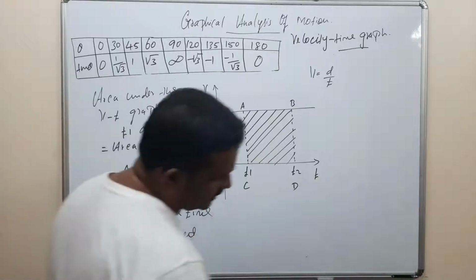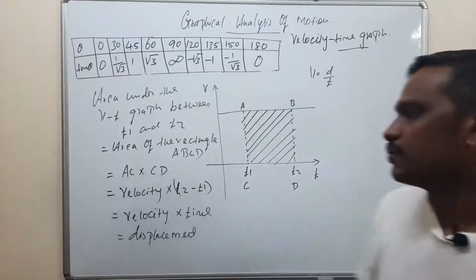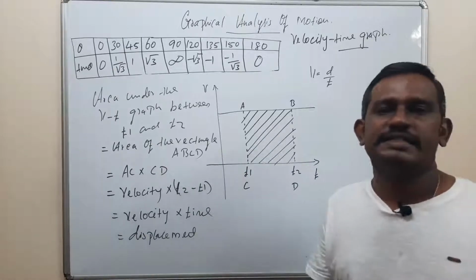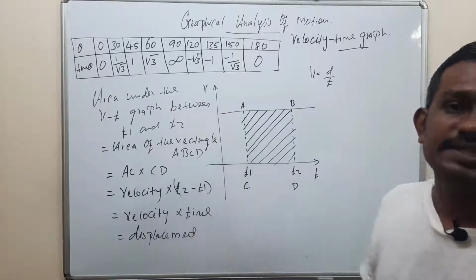That is very, very important. The area under the velocity time graph gives the displacement.